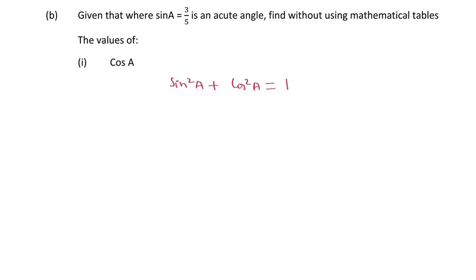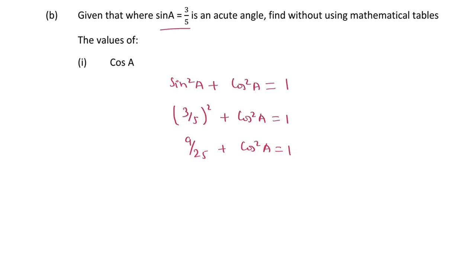We've been given the value of sin A in our question. Then let us substitute this value. Our equation is going to be, in brackets, 3 over 5 squared plus cos squared A equals 1. Solving this, we have 9 over 25 plus cos squared A equals 1.